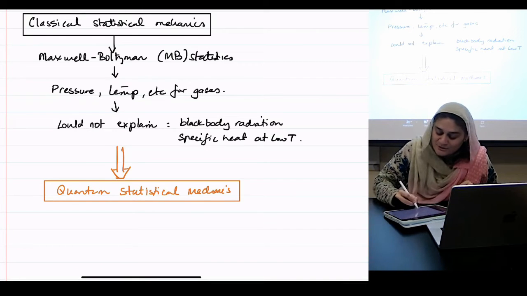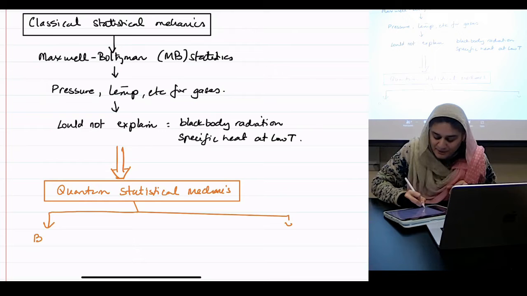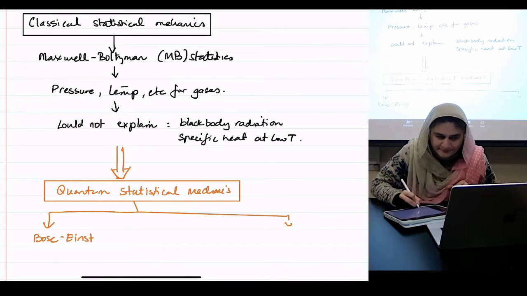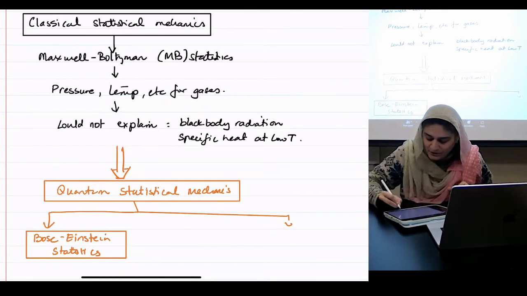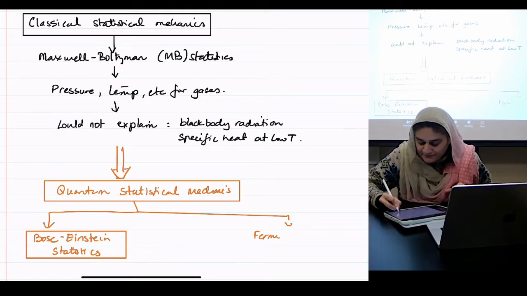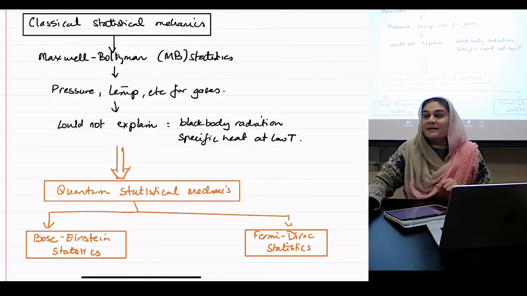So that was also split into two parts. One was called the Bose-Einstein statistics, and the other was called the Fermi-Dirac statistics. See how complicated it's getting?